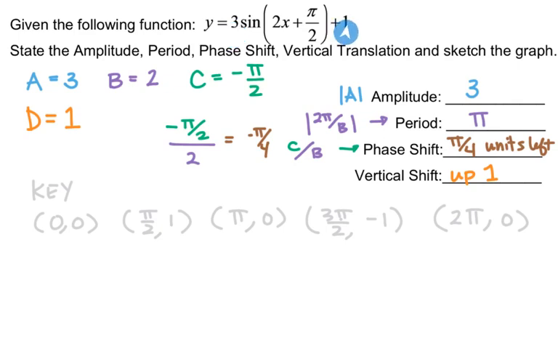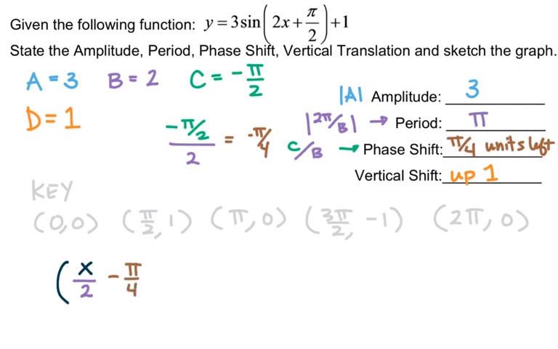All right, so B and C are inside with X, they affect X. 3 and 1 are outside, they're going to affect Y. So the way I'm going to determine my transformed ordered pair, my X value, whatever my X is, I'm going to divide it by 2, divide it by B, and then I'm going to subtract my phase shift. So we're going to shift left pi over 4 units.